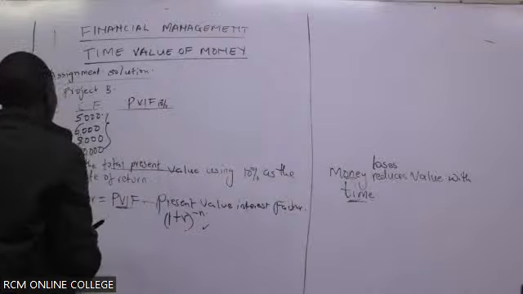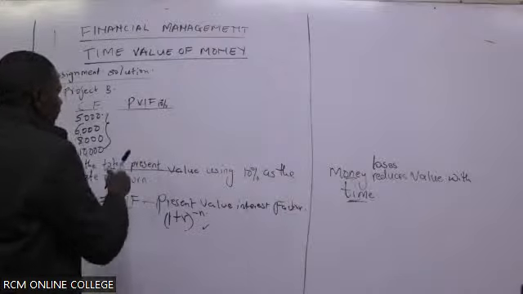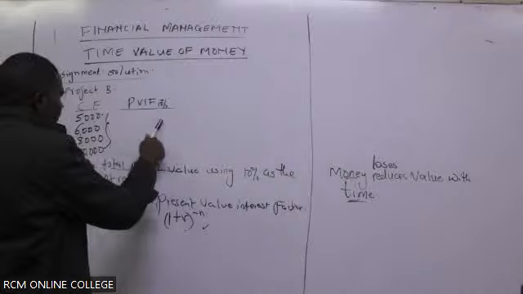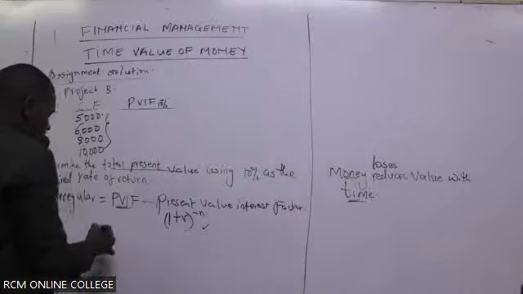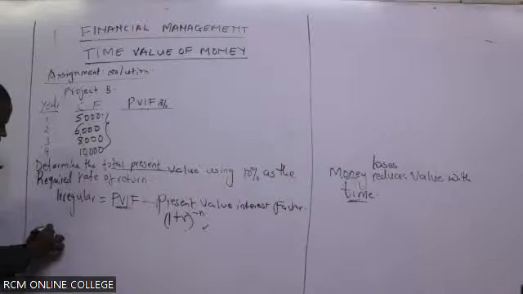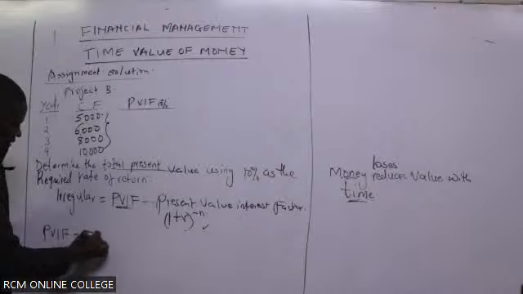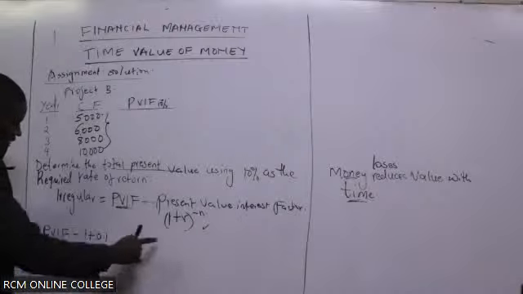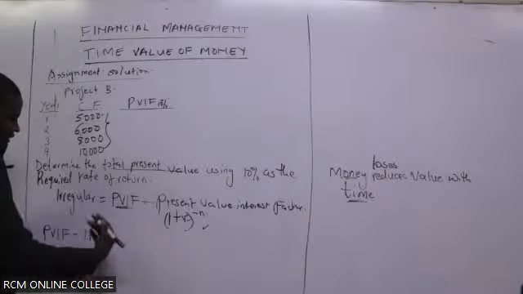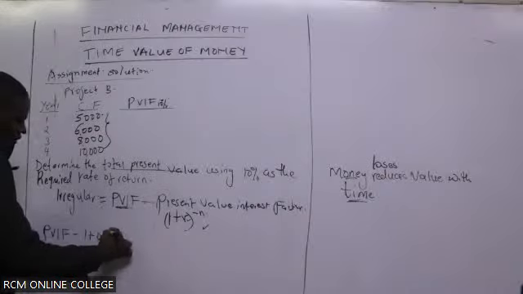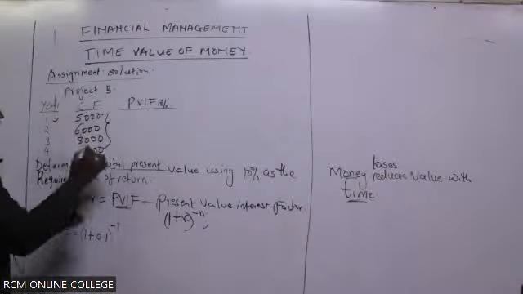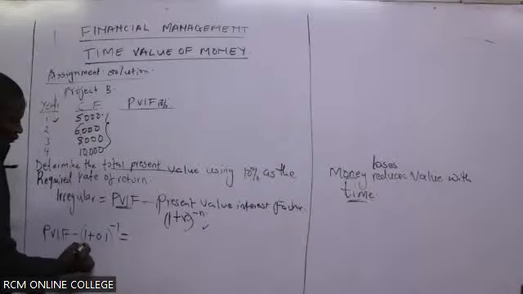The first thing I need to get is the PV of the first year. This one I'll be very categorical: 1 plus 0.1, that is my R. Remember, R is the required rate of return. Then in brackets raised to power negative 1 for year 1. I want somebody to first of all give me this.